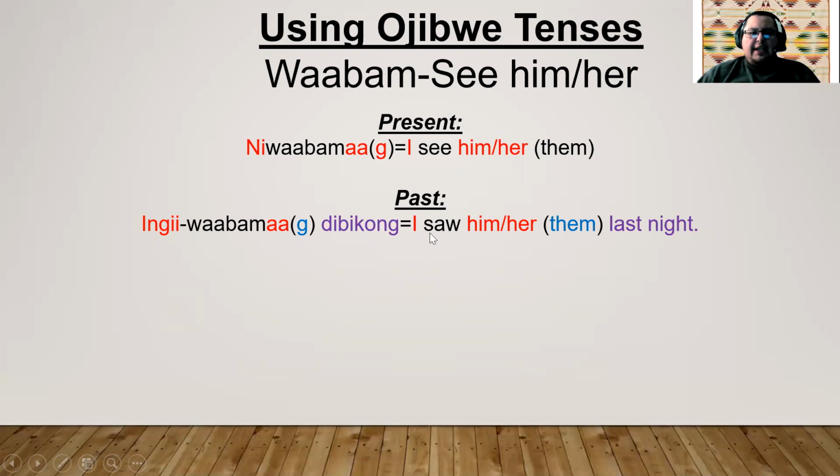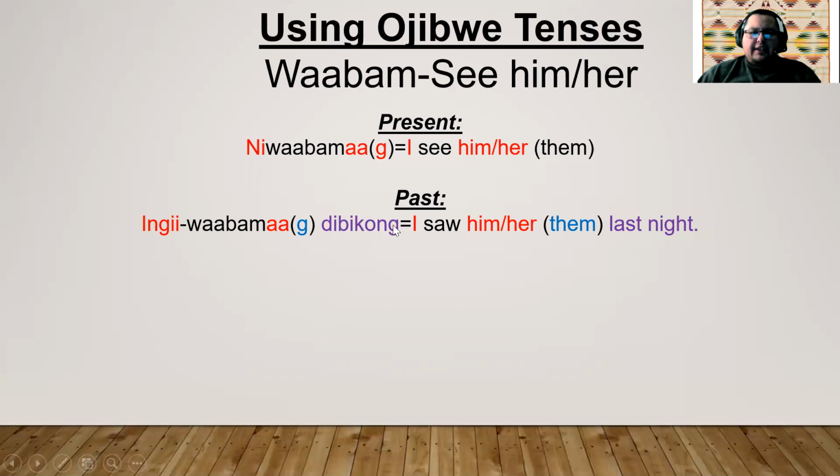I saw him or her last night. So we're adding in this temporal adverb, they call it. This time of day, or when, giving us a specific time. Okay, so last night, dibikung, as you see in the purple.